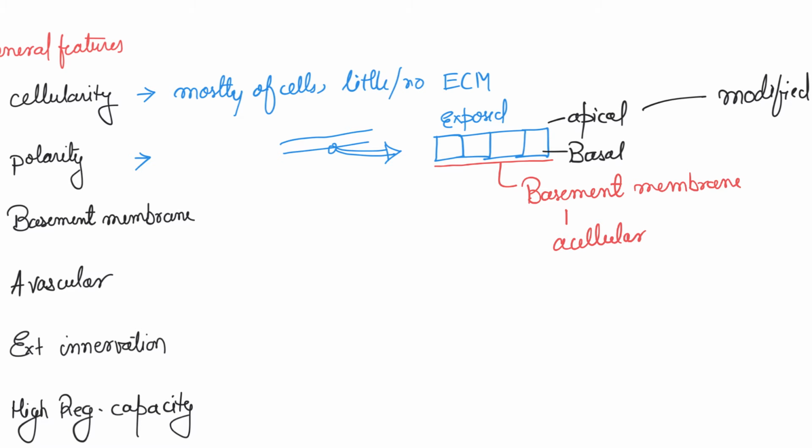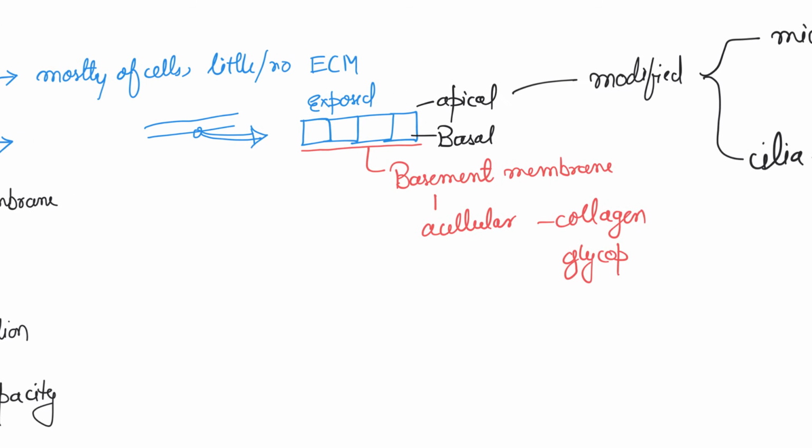It's a simple molecular layer which is largely made up of collagen and glycoproteins. If you're confused about glycoproteins, those are proteins that have carbohydrates attached to them, right? So it's an acellular layer that is there just beneath the epithelial tissue.